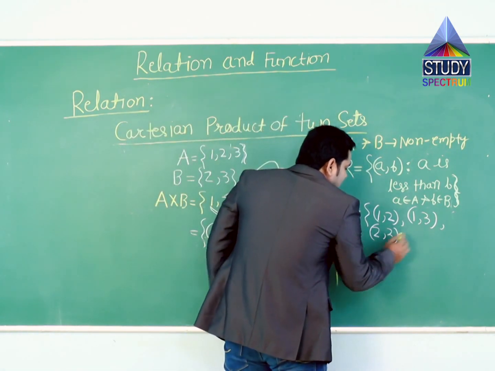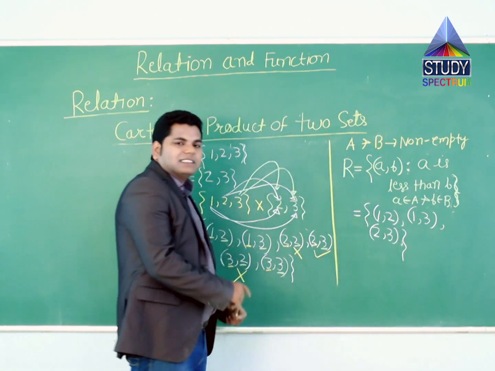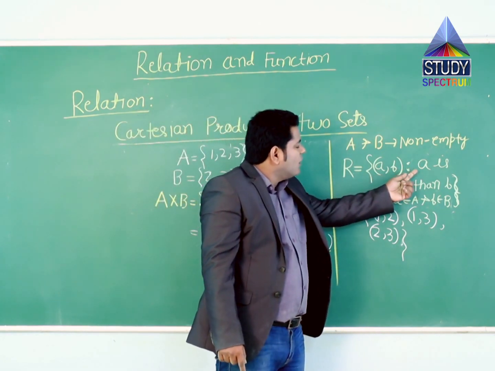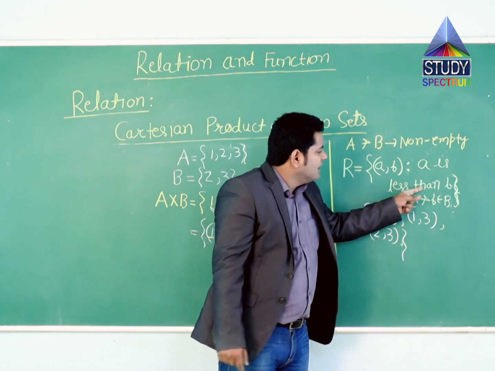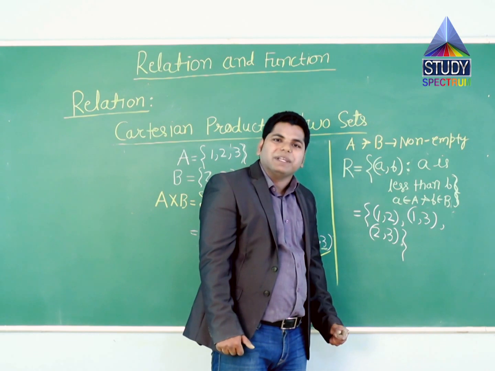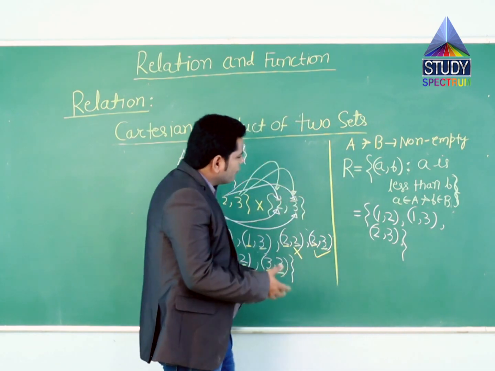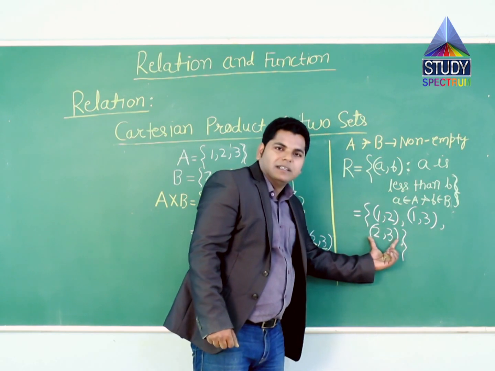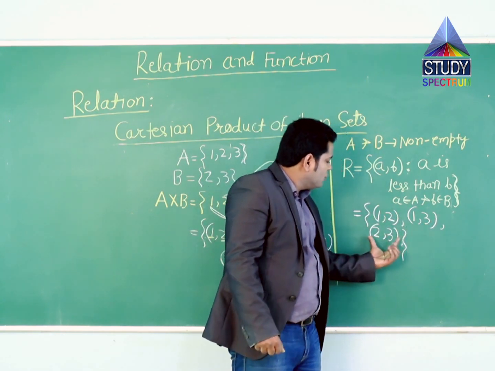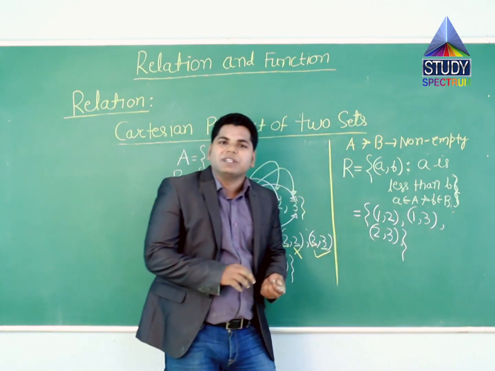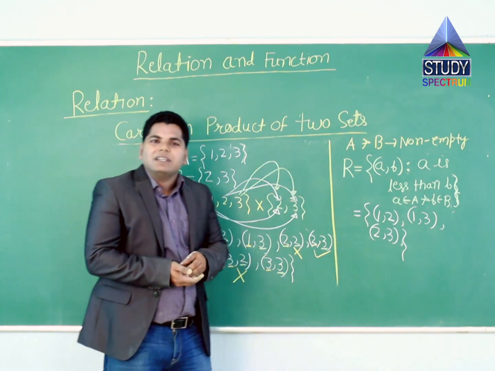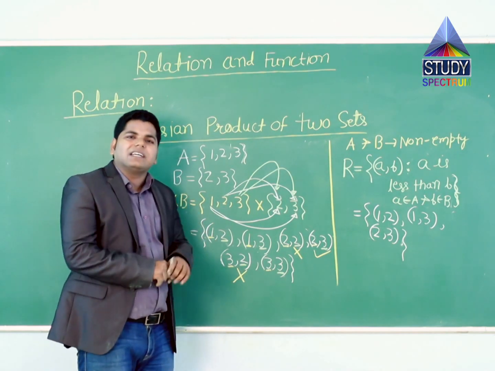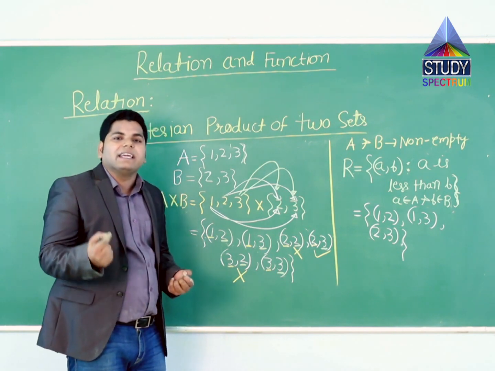So we have only 3 elements in this relation, and the relation between two sets is such that the first component of the order pair, which is taken from set A, is less than the second component, which is taken from set B. So we can conclude from this example that these 1, 2, 1, 3, 2, 3 in small brackets are elements of the relation, and all the elements of the relation R are taken from the Cartesian product of two sets A and B. So we can conclude from here that a relation is a subset of A cross B.